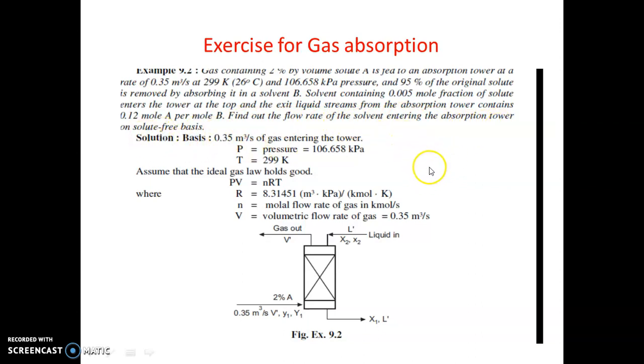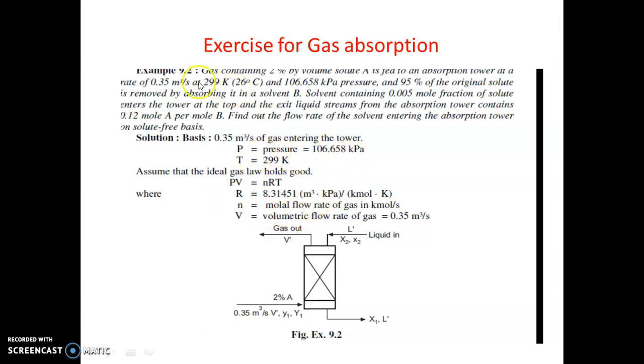So here you have to find out again the value of L', and the solute A is mixed in the solvent B. First we have to calculate the molar flow rate of the gas, because they have given the pressure and temperature, and from that we can calculate using the ideal gas law, PV = nRT.